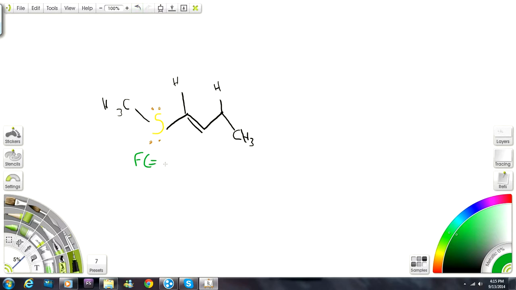The formal charge equation is the valence electrons minus the non-bonding electrons plus the number of bonds. So for our carbon here, I'll show you where that carbon is.